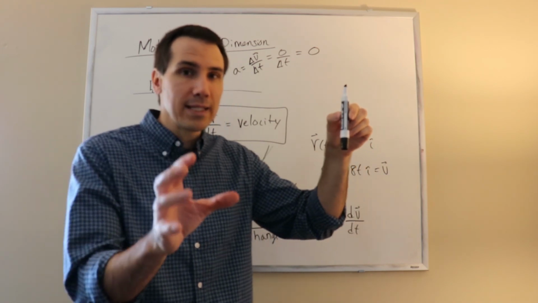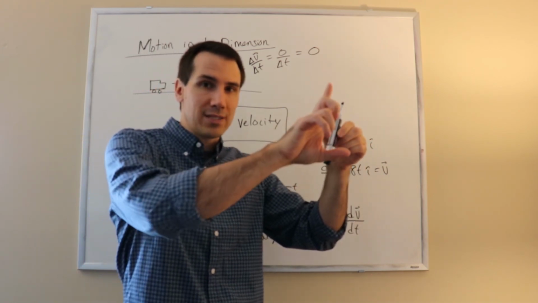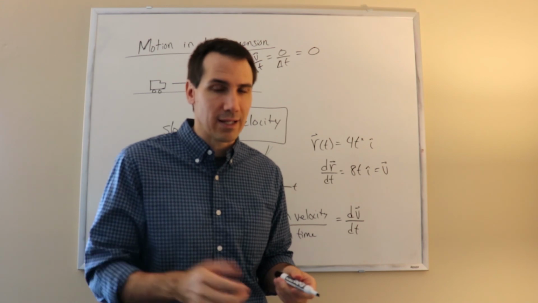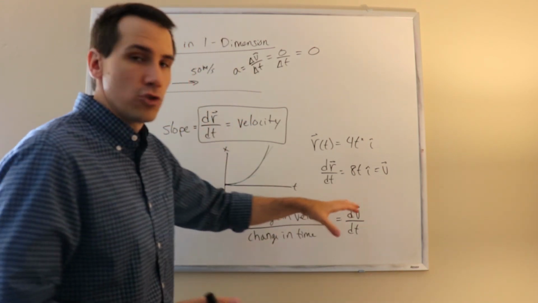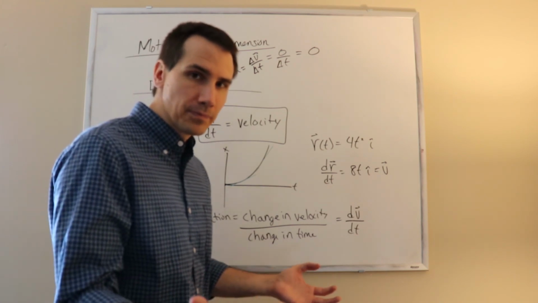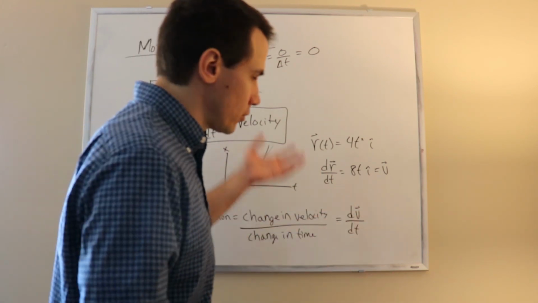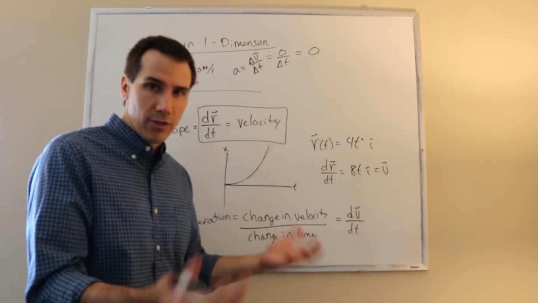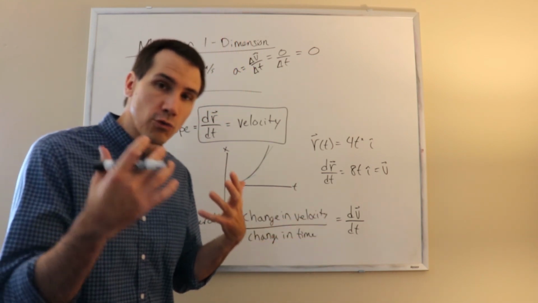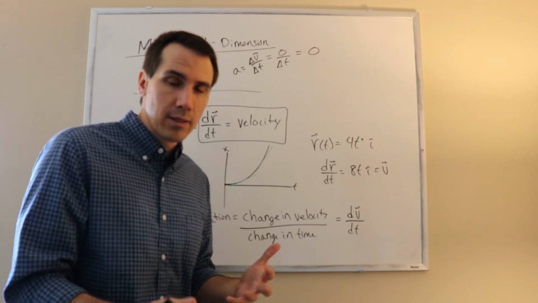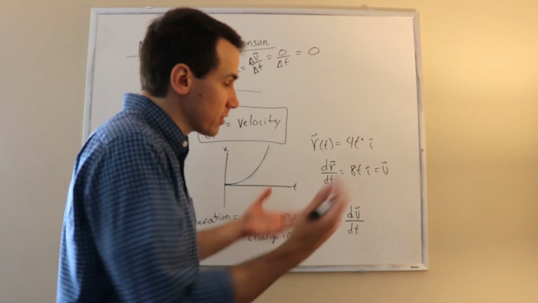Even if my speed didn't change, my direction did, which means that I was accelerating. So you can accelerate either by changing your speed, right? Slowing down from 50 miles an hour to 30 miles an hour, that's accelerating, or by changing the direction of your velocity by taking a corner, or some combination of both.